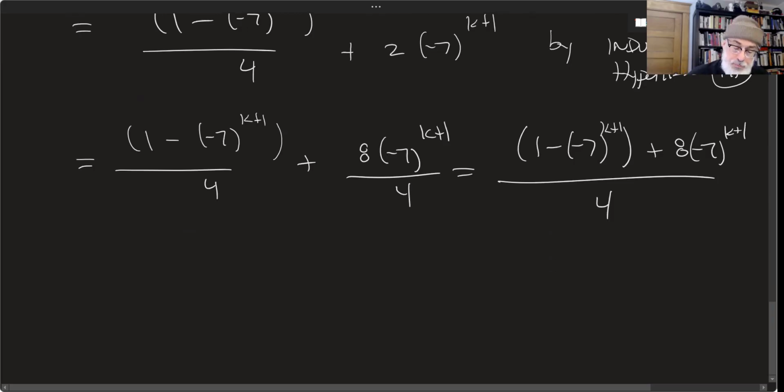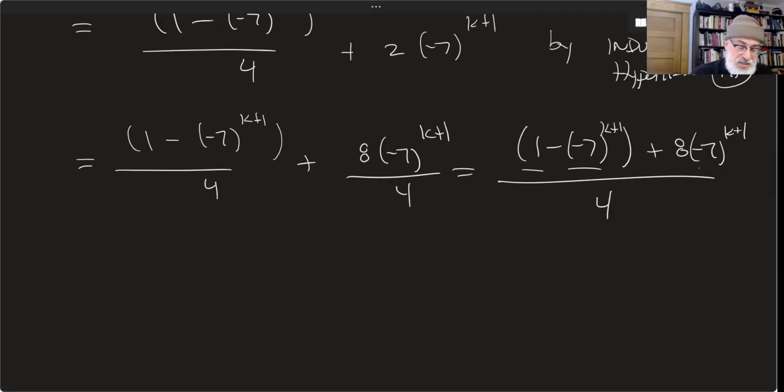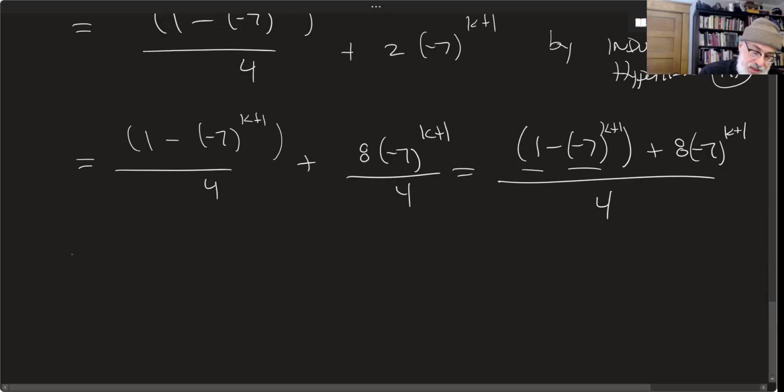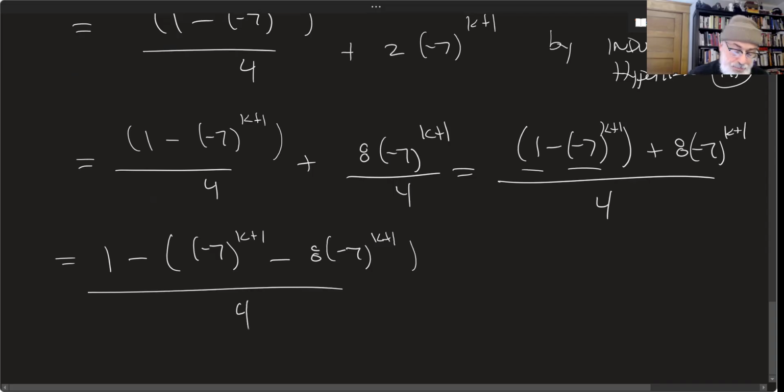So what we've got now is 1 minus negative 7 to the k plus 1, plus 8 times negative 7 to the k plus 1. I could factor this in this way: group them as 1 minus negative 7 to the k plus 1 minus 8 times negative 7 to the k plus 1, again all over 4.